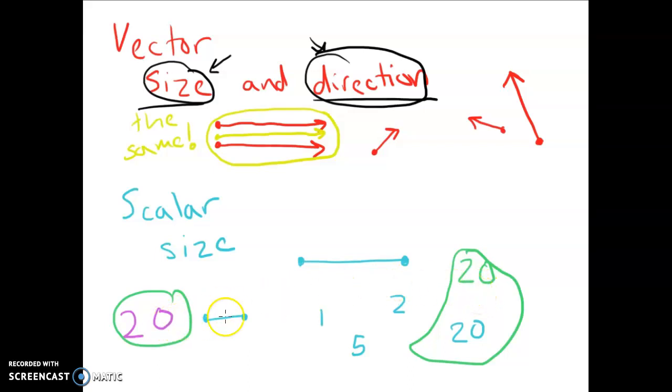Clearly I've drawn three different 20s, but in terms of a scalar, scalars only have size, so these are the same scalar because they're all the same size. So again, maybe a weird concept to wrap your brain around that all three of these are the same. But probably not so weird as trying to wrap your head around the fact that all three of these vectors are the same. So yeah, that's a vector and scalar for you.